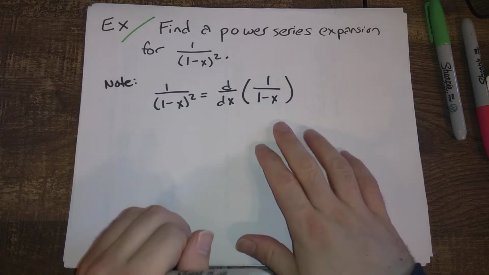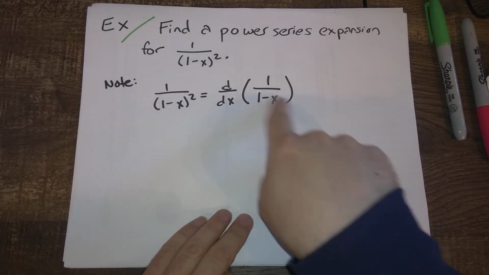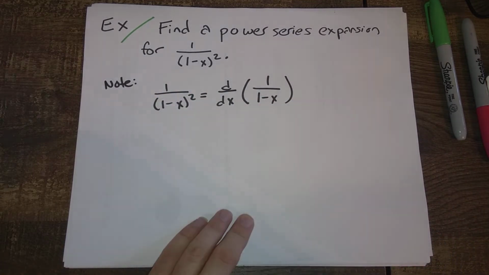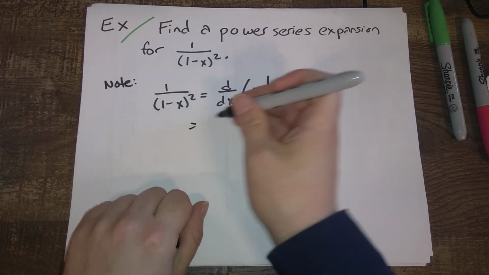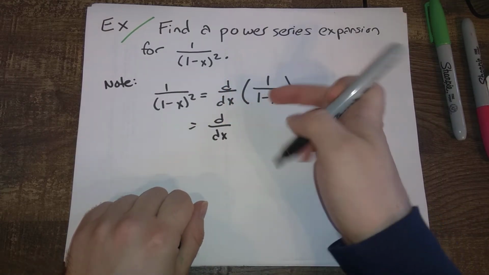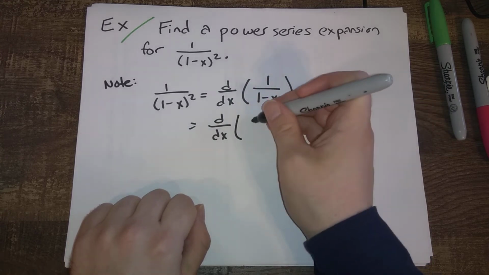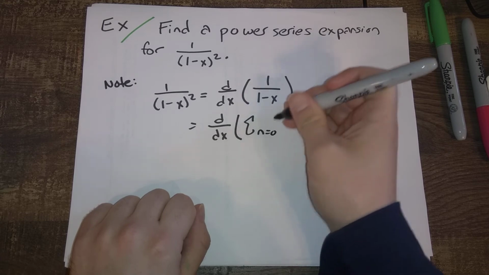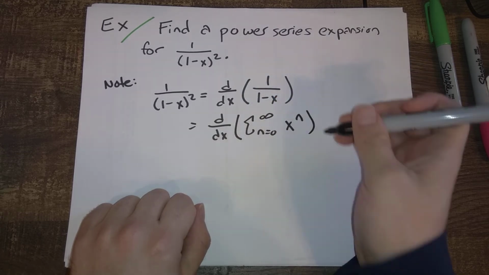Because when we apply the quotient rule and crunch everything out, you'll see that this all checks out. Well, what is the power series for 1 over 1 minus x? That is the sum from n equals 0 to infinity of x to the n.